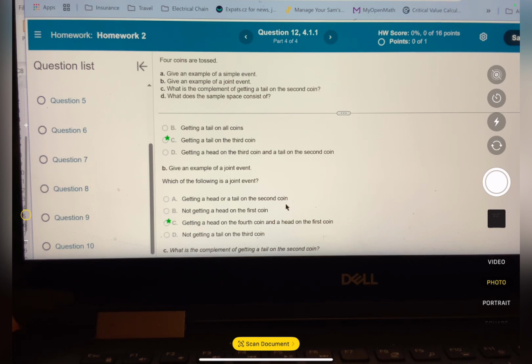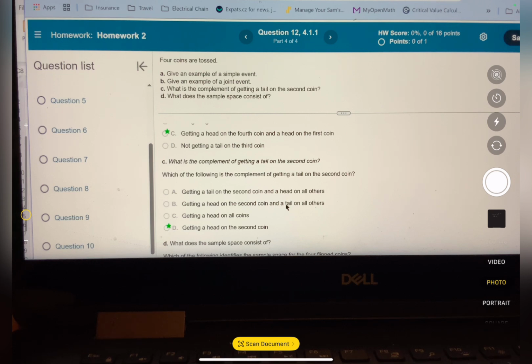And that is the answer, obviously. And the last one, not getting a tail on the third coin. Okay, yeah, that's also only one simple event. All right, moving to next question, C.